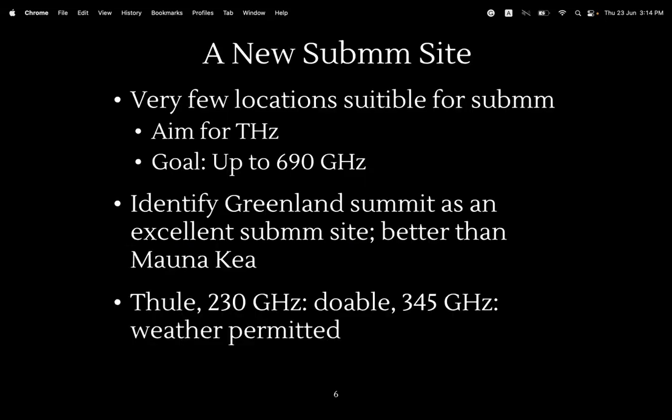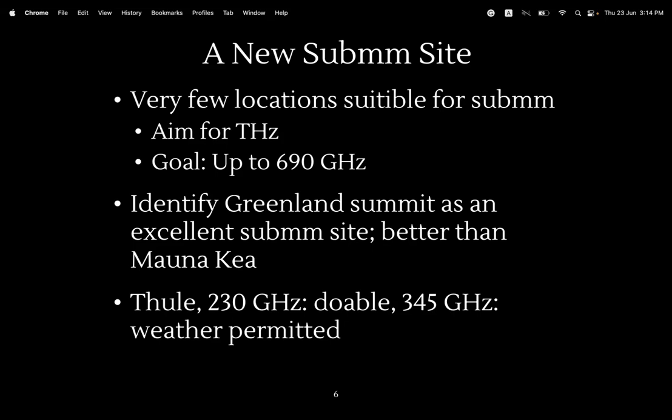The point I try to make is that a new sub-millimeter site is very difficult to come by. Our project aimed to do terahertz observation, but we ended up with what we can only do at 690 gigahertz. Our dish is simply not at terahertz level.